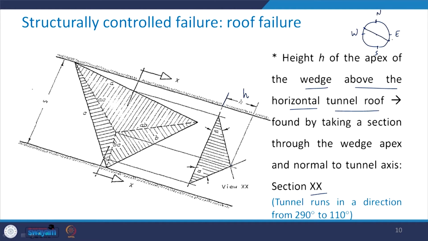So, if it is like this, I take a line or a section which is perpendicular to this. That section we are defining as the section xx, because this is the direction of the tunnel axis and we have to take a section which is normal to the tunnel axis. So, that is what we have taken here, section xx.